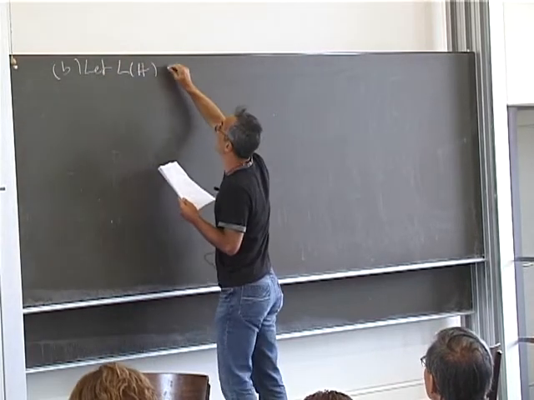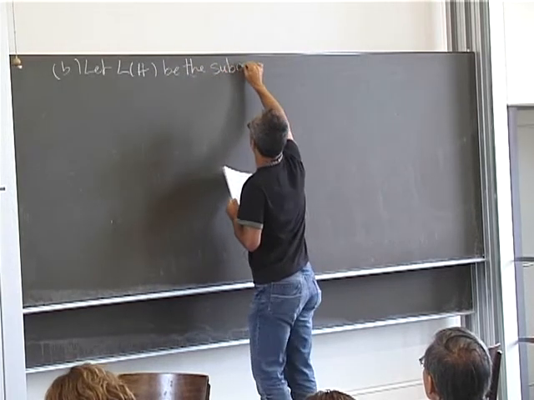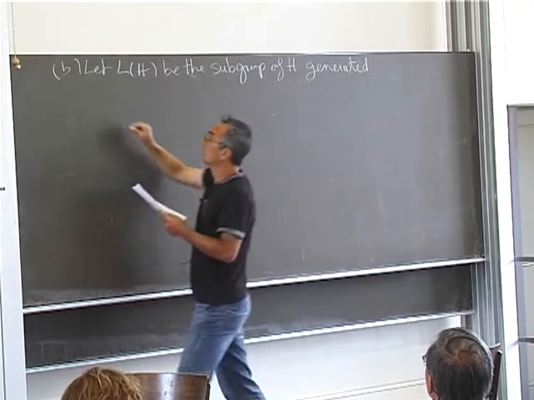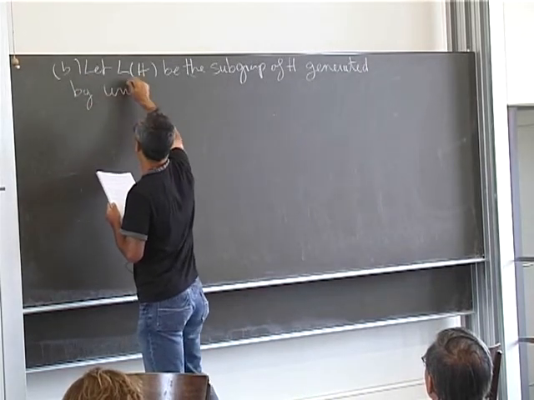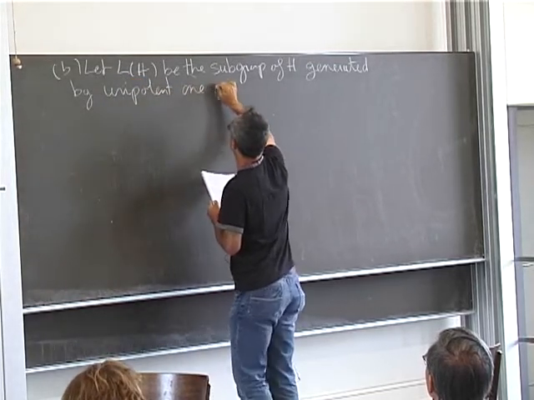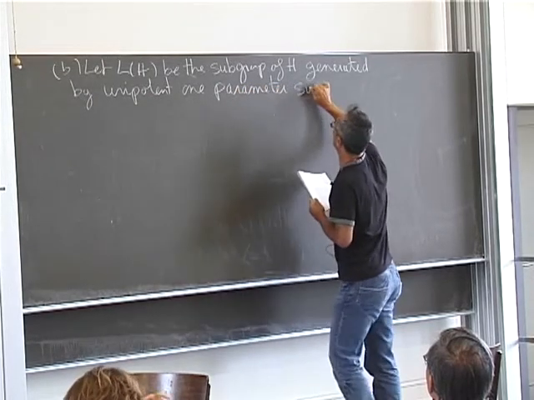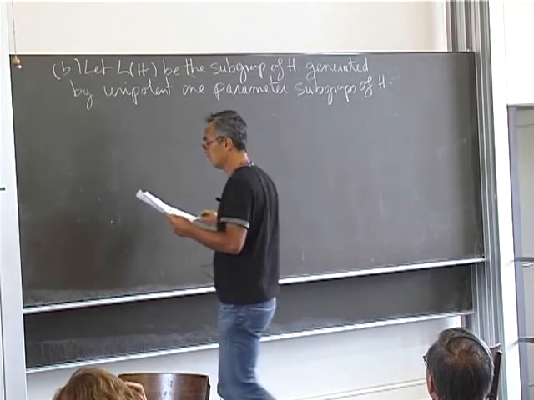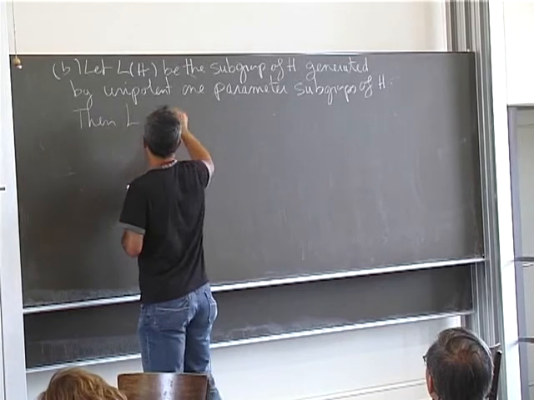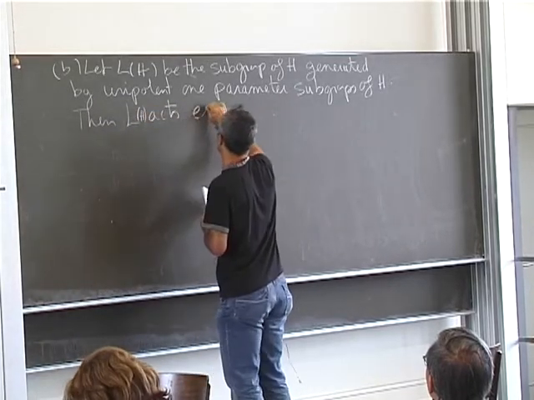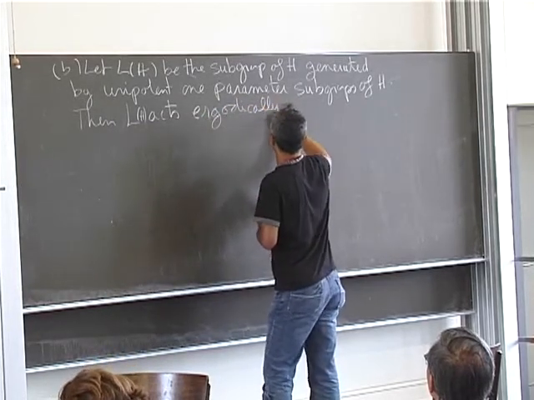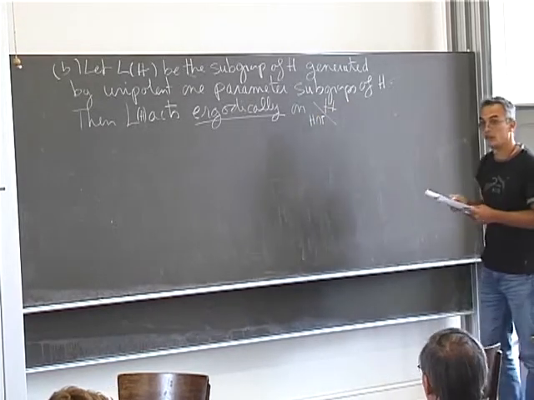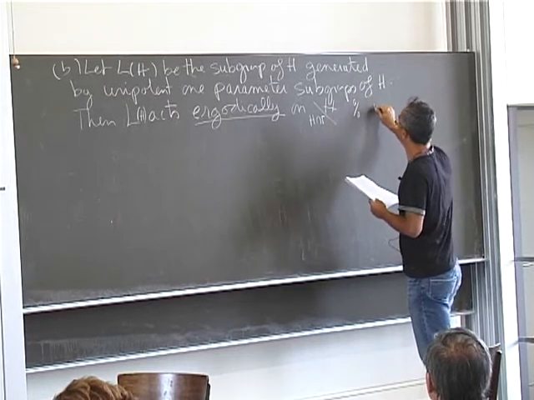Let L(H) be the subgroup of H generated by unipotent one-parameter subgroups of H. Then L(H) acts ergodically on H divided by H intersect Gamma with respect to mu_H.